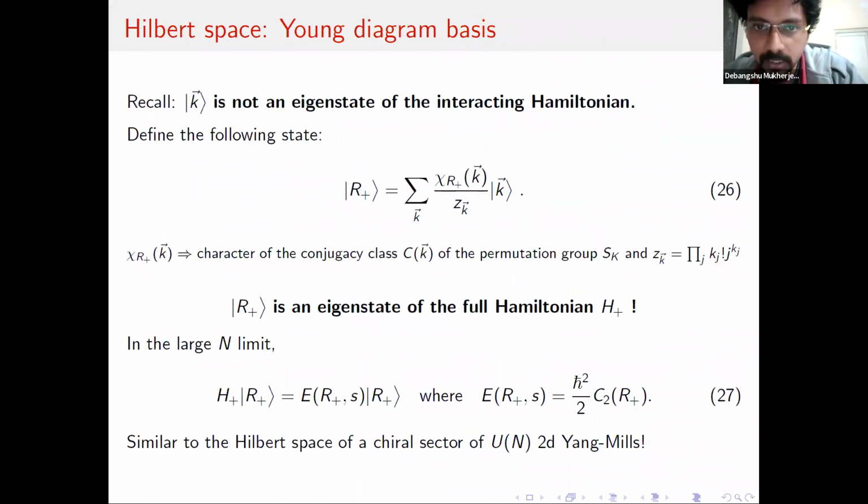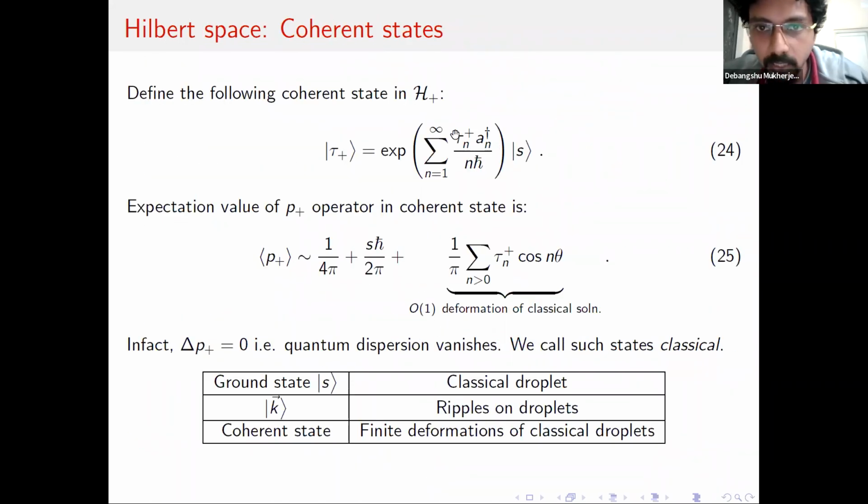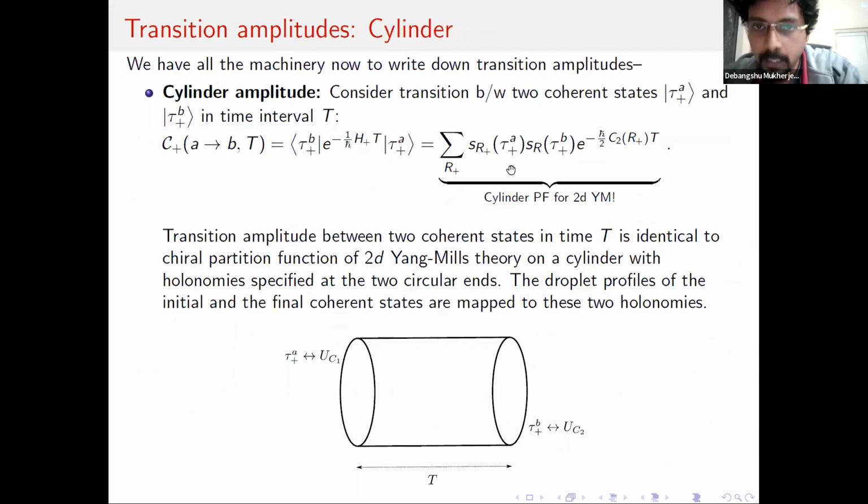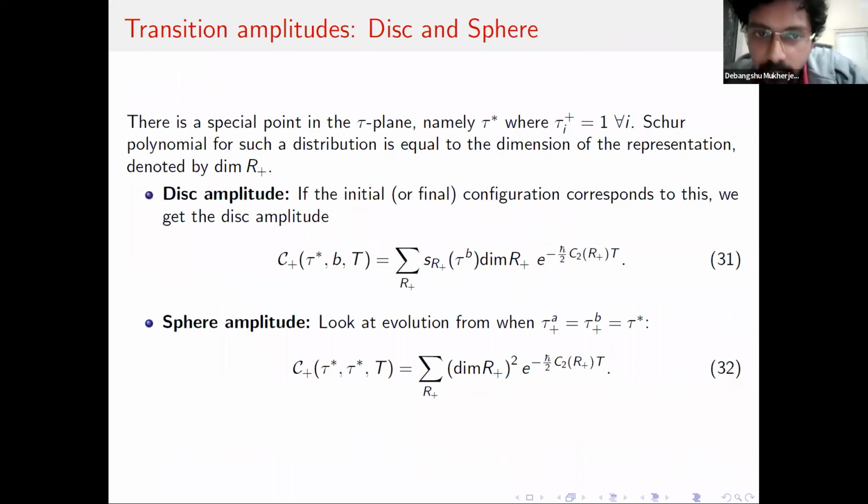So tau star basically means I'm writing a coherent state where all of these tau n pluses are 1. Okay, all of them are 1. So it's just a n dagger by n h. The reason for going to that very specific coherent state is that when you are sitting at that point, your Schur polynomial essentially boils down to simply the dimension.